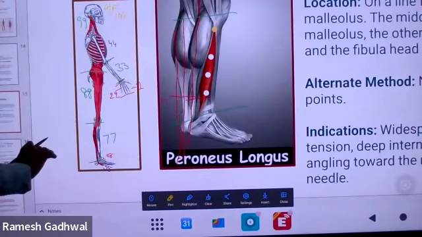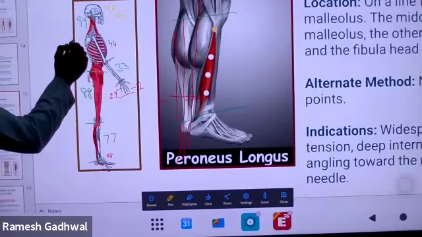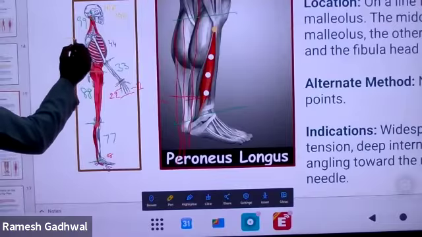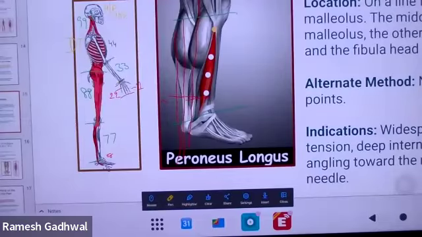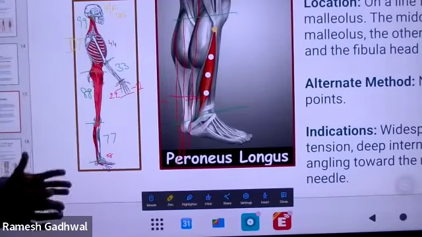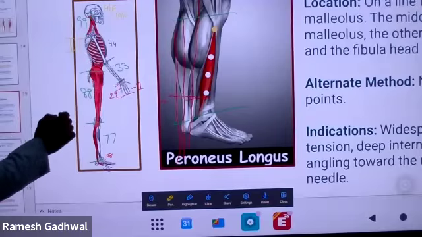Then the back line. The back line of the body is called DT. All the points on the back of the body, from T1 to the sacral line, are DT.